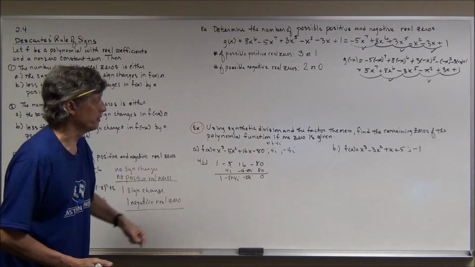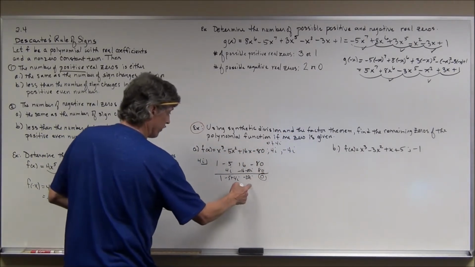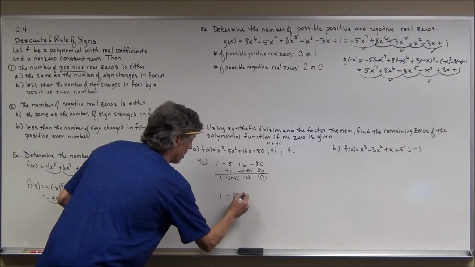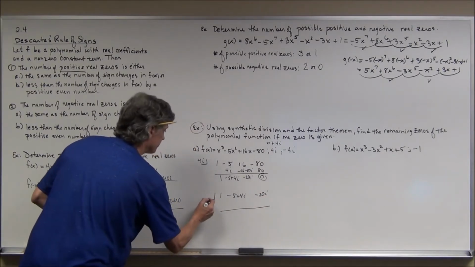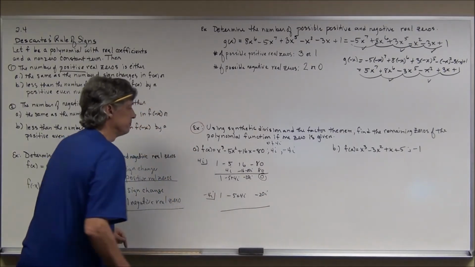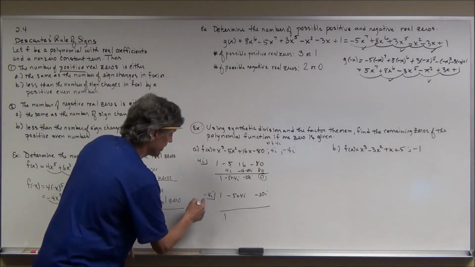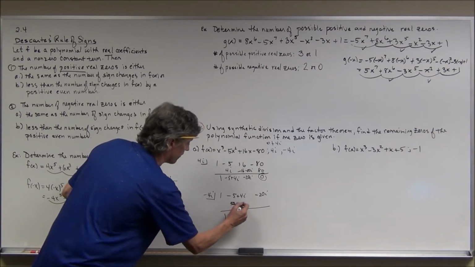Well, we knew that was going to be 0 because it was given that it was a 0 of the function. So now I'm going to take the depressed polynomial, 1, negative 5 plus 4i, negative 20i, and now I'm going to use negative 4i. Negative 4i, bring the 1 down. Negative 4i times 1 is negative 4i.